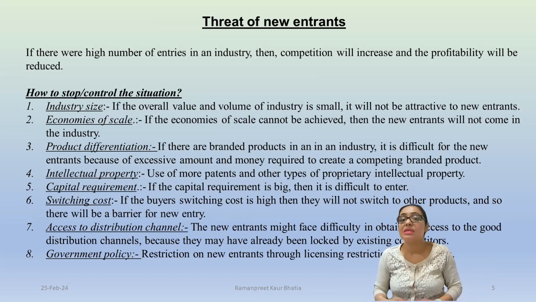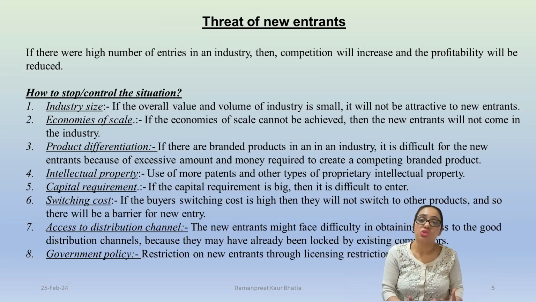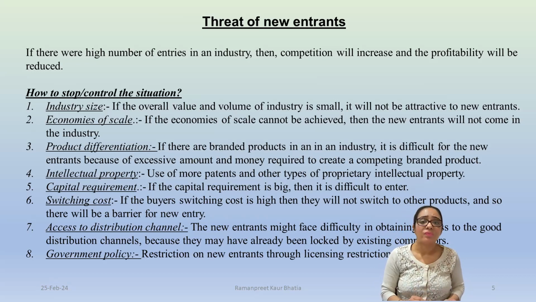So in that case, as a new entrant, I am not able to get that distribution channel. I am not able to present my goods to my ultimate consumers. My logistics, my distribution channel is not that strong. My distribution channel is very limited. So that is a barrier.